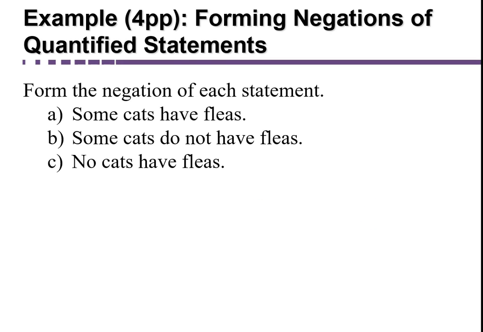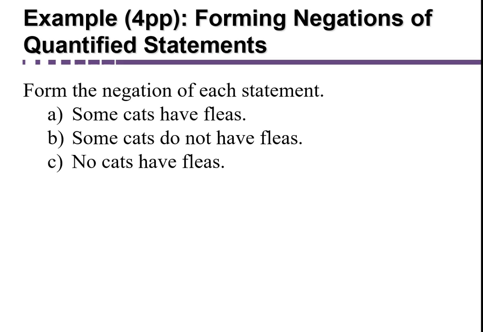Okay, now here we get to apply what we've just had. This is example 4, as you put this in your notes, again, you're using this to delineate where things are, forming negation of quantified statements, that is quantity.